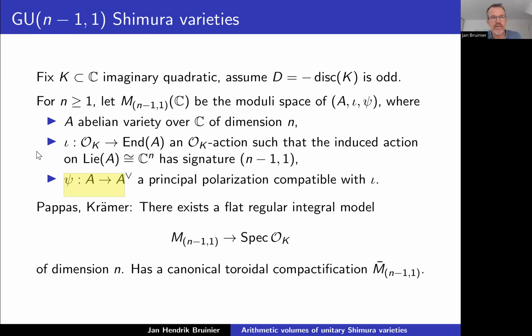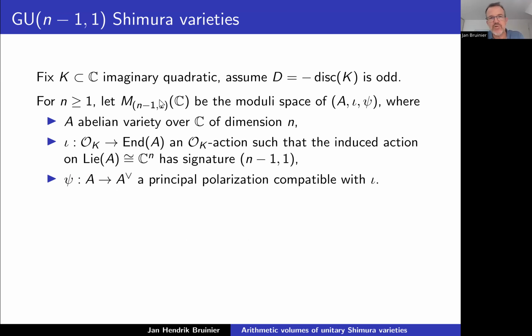So we can look at that over the complex numbers, and then there's a moduli space. It has a complex dimension n-1. But one can also use this moduli description to construct integral models.